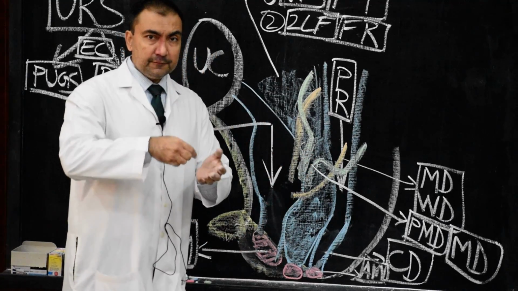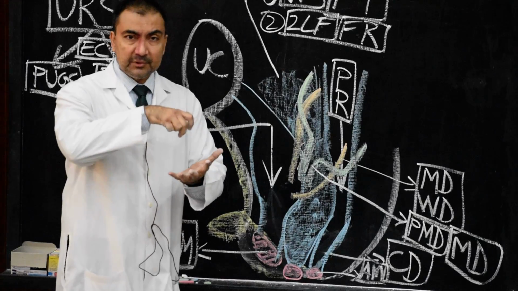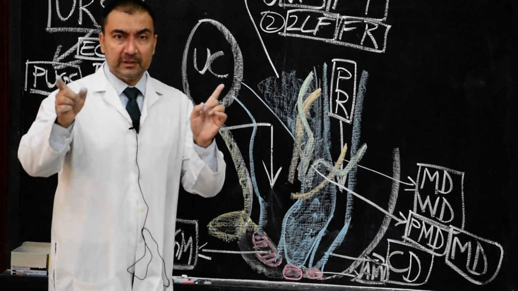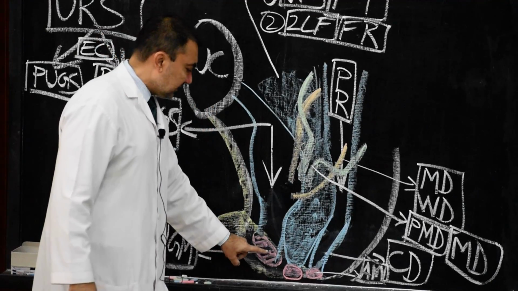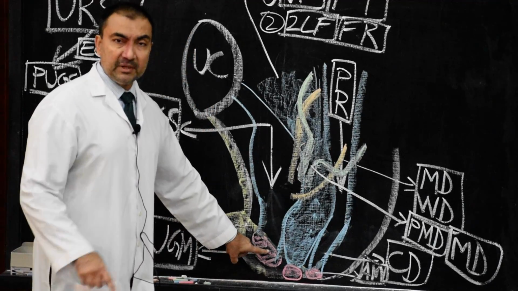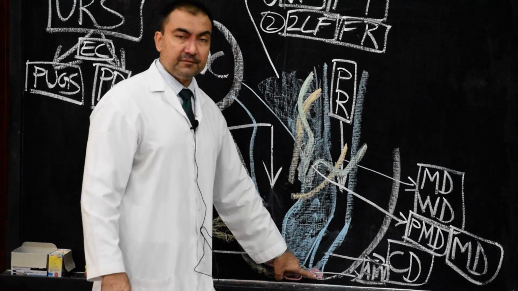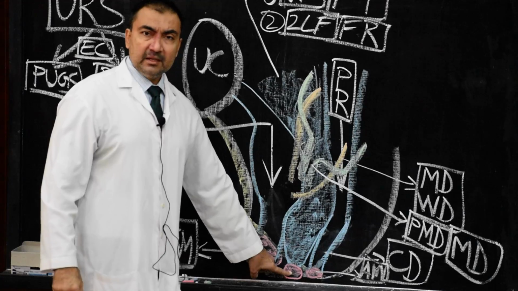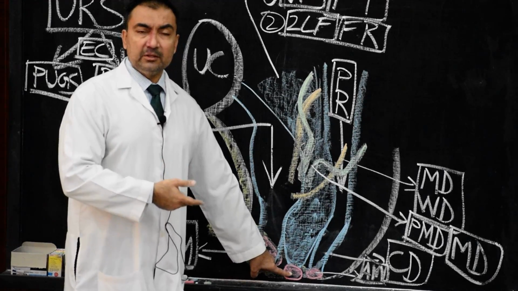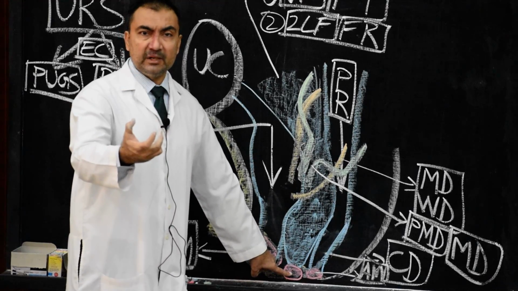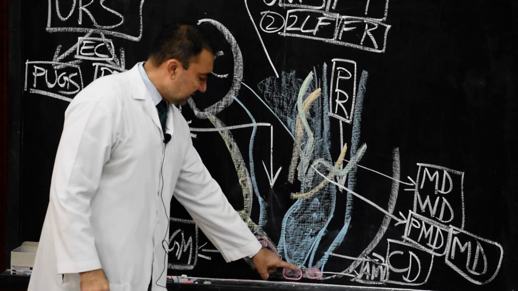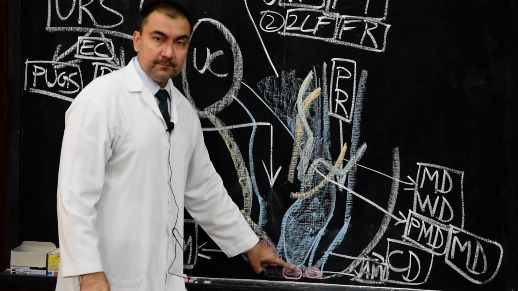As a result of joining of caudal end of urorectal septum with cloacal membrane, the cloacal membrane is split into two different membranes. One membrane which is lying anteriorly is called urogenital membrane. Another membrane which will lie posteriorly will be known as anal membrane. And what is perineal body? Very simple. Perineal body is developed because of the fusion of caudal end of urorectal septum with the cloacal membrane. That area will develop into perineal body.